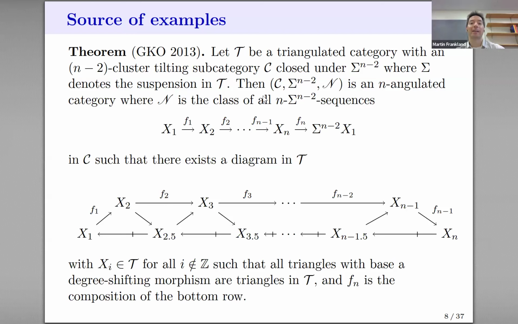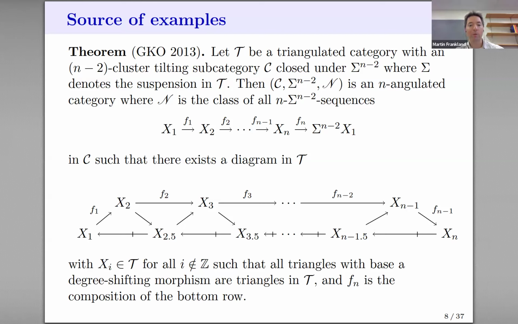The conclusion in that setup is that this cluster tilting subcategory has an n-angulated structure where the automorphism for the subcategory is that (n-2)-fold suspension of the ambient triangulated category. And I have to tell you what the n-angles are, and they are the diagrams of that form.